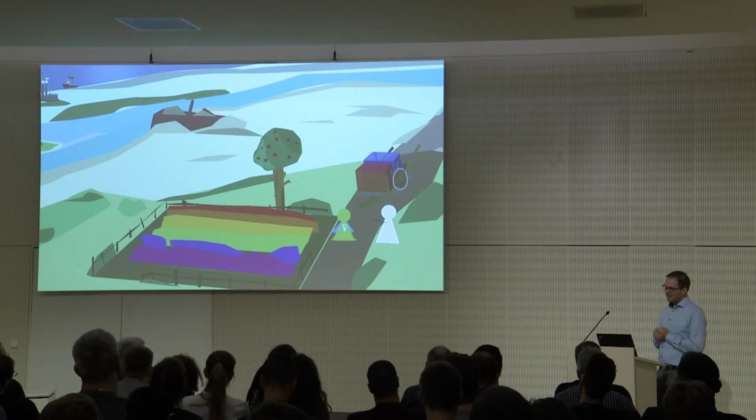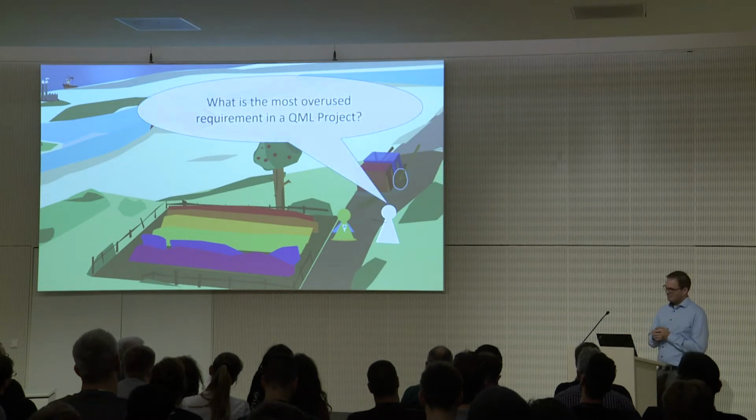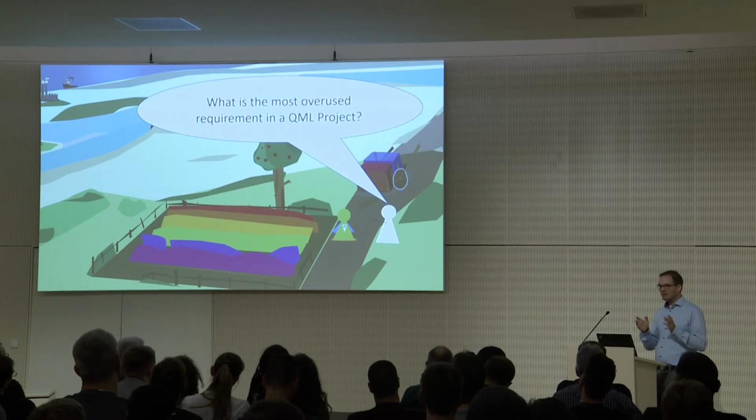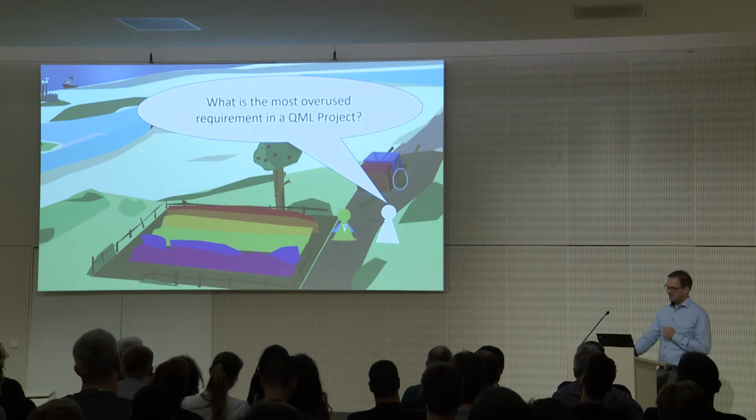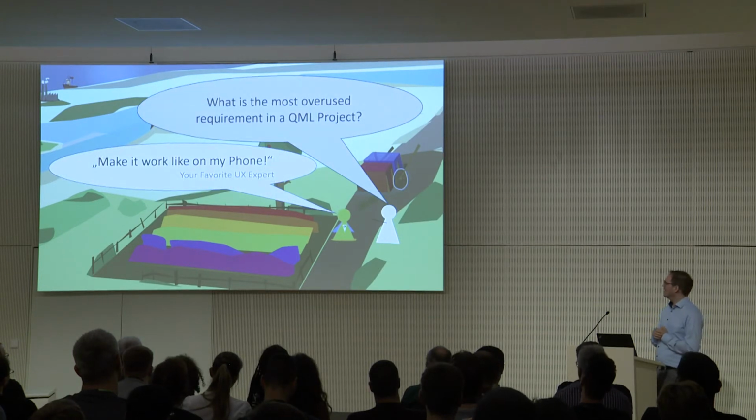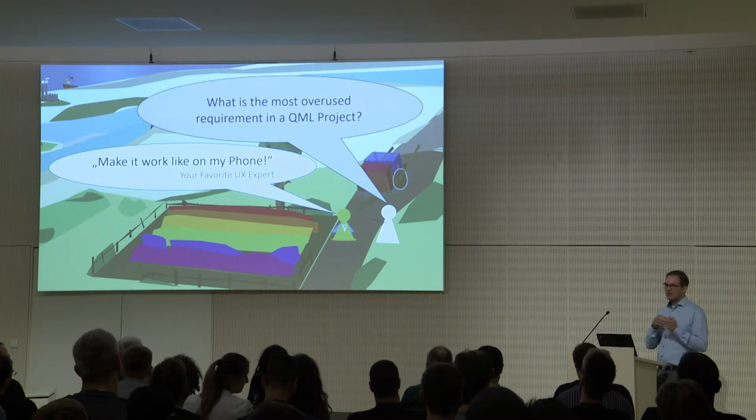Finally, the embedded natives asked him, what is the most overused requirement you find in a QML project? Everyone in this room who's implementing with Qt and Qt Quick knows that: make it work like on my phone. That's a requirement you always get.